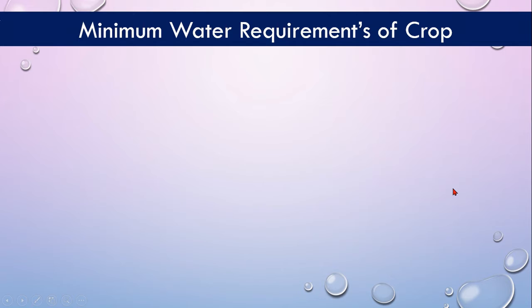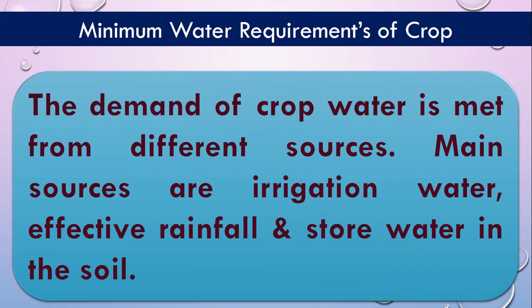Minimum water requirements of crops. So how can we understand what the minimum water requirement of a specific crop will be? Basically, the demand of a crop is met from different sources. That means the water the crop needs is met from specific sources like irrigation water, effective rainfall, and stored water in the soil.